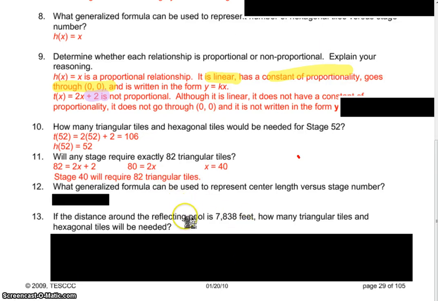What generalized formula can be used to represent the perimeter? That's what we did in the last column, where we got our 6x plus 2. We just went to stat. If the distance around the reflecting pool is 7838, how many triangular tiles and how many hexagon tiles will be needed?